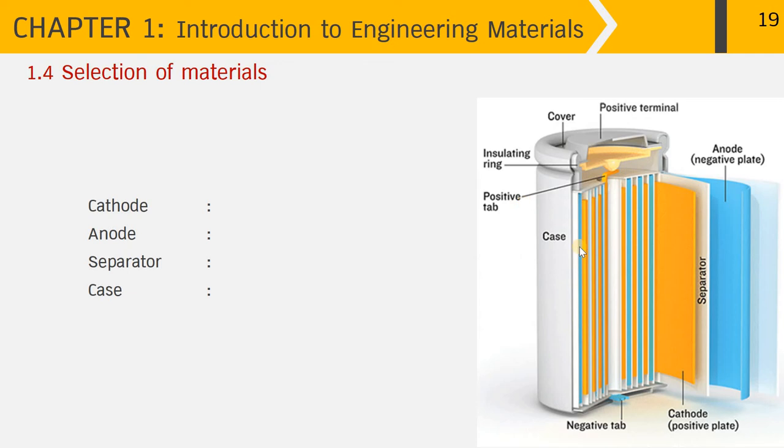So now let's move back to the beginning as we look back into the battery cells again. As you know, we have the cathode, the anode, the separator, and the case. What kind of materials would you use to do the job for the cathode, anode, separator, and case?